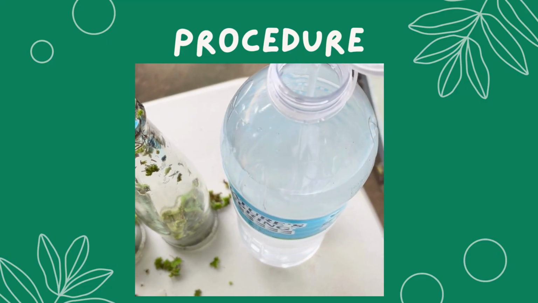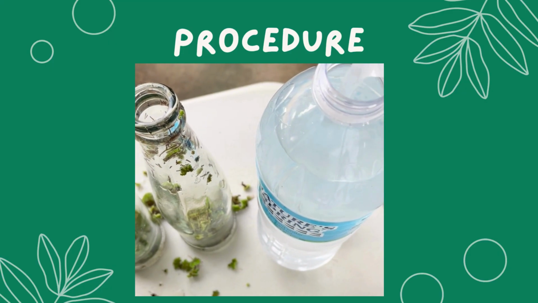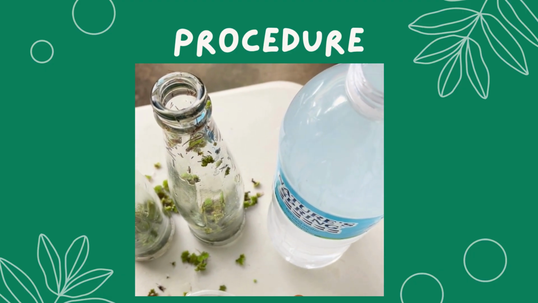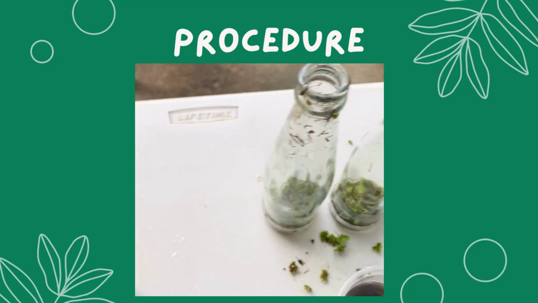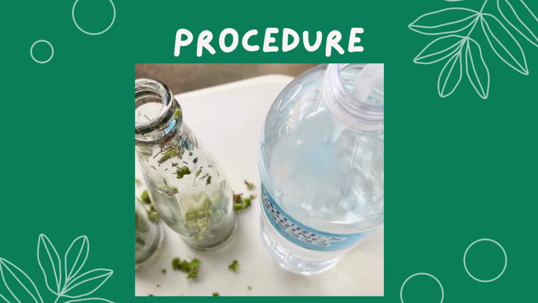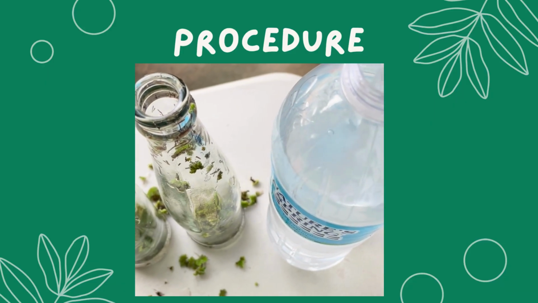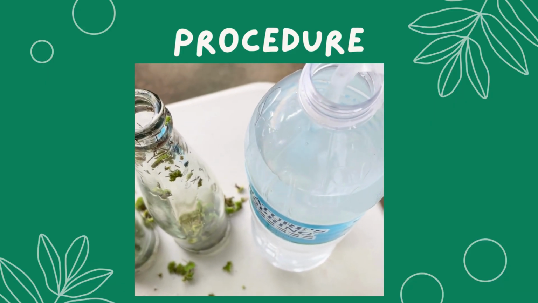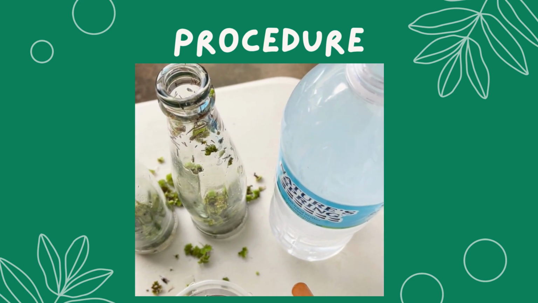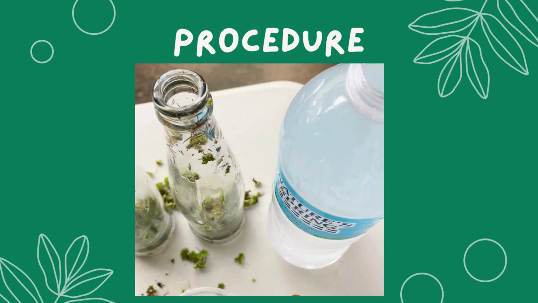And then carefully invert the funnel over the aquatic plant sprigs, ensuring the stem of the funnel is fully submerged, and then fill the bottle with the baking soda solution. Cover the opening with your thumb, or a stopper if you have one, but I don't have a stopper, that's why I'm using my thumb.